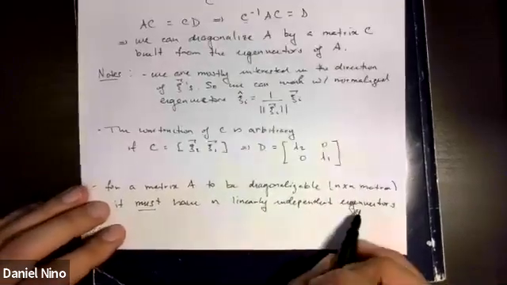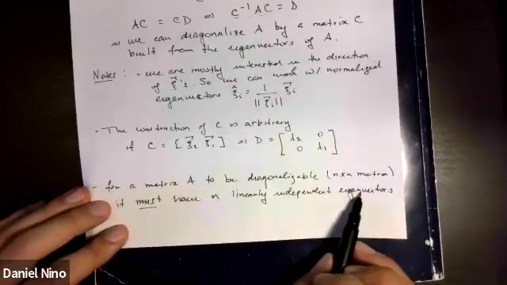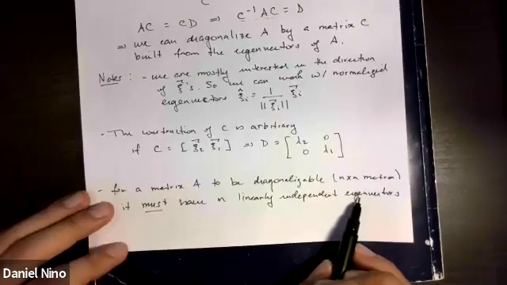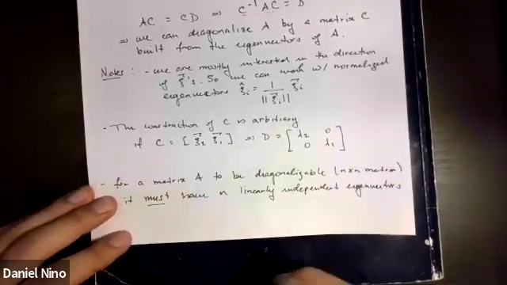What this means is any one of the eigenvectors can't be expressed as a linear combination of the others.